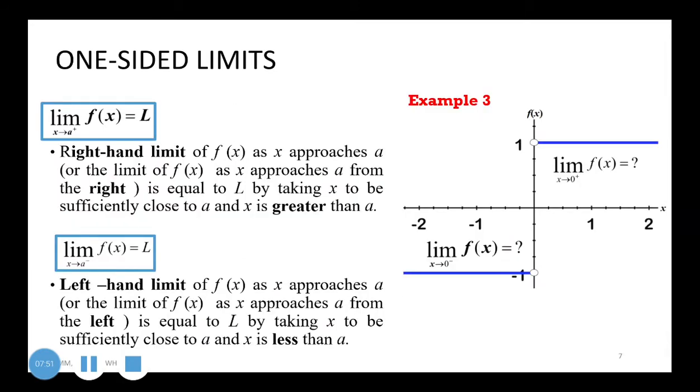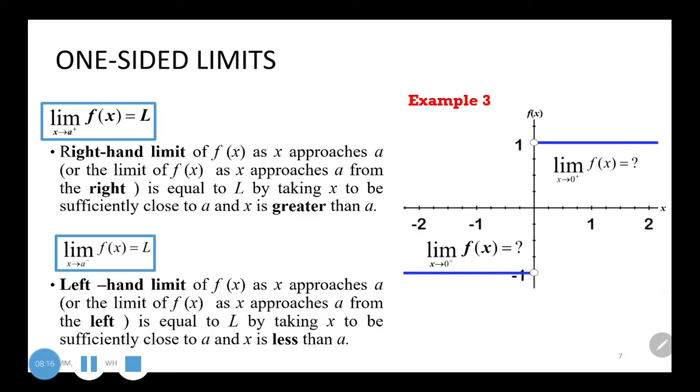Okay, now we learn about one-sided limit. One-sided limit is the positive limit, which means the right hand limit of f(x) as x approaches a is equal to L. Okay, just look at this example.